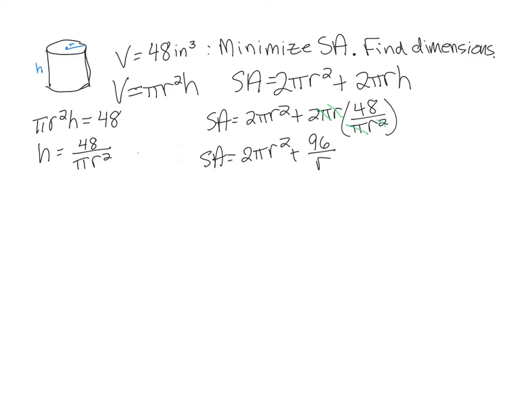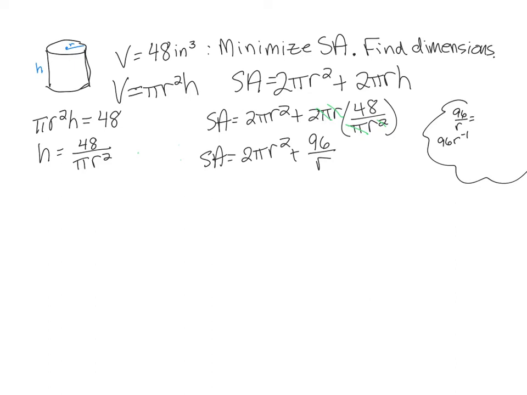Now when I take the derivative of this piece, I'm going to see this as 96 r to the minus 1. Let's make a little note over here on the side. I have 96 over r equals 96 r to the minus 1.